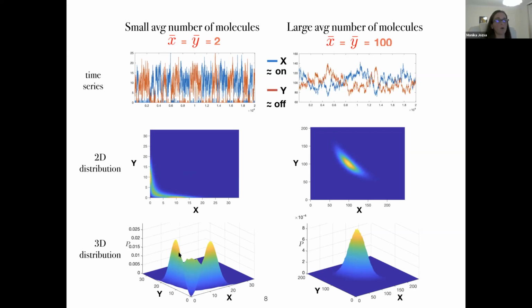We will call these modes. So this system acts like a switch. It has these two big bumps, and it spends a big amount of time in each of them. And this other one behaves like a stable system. It is always around its one mode.